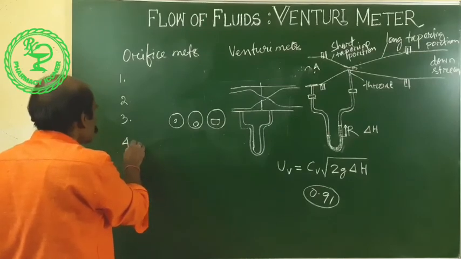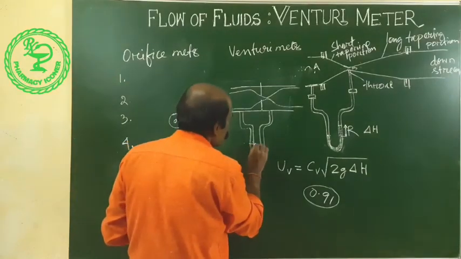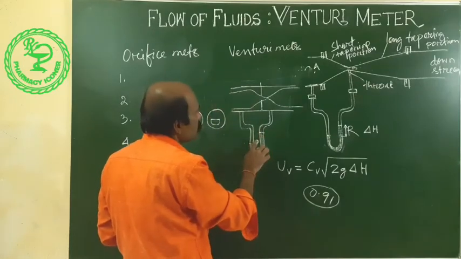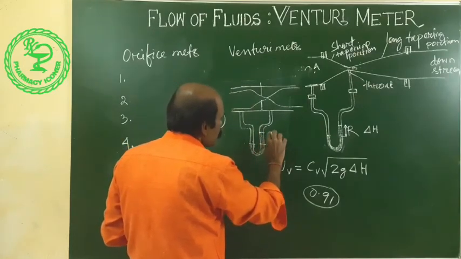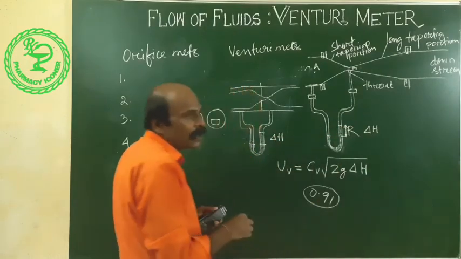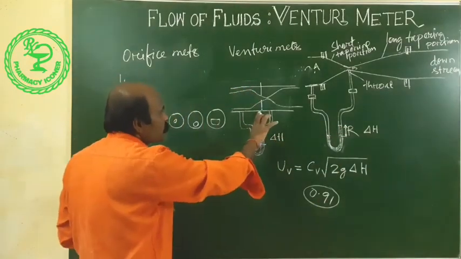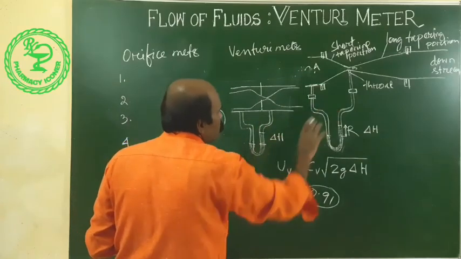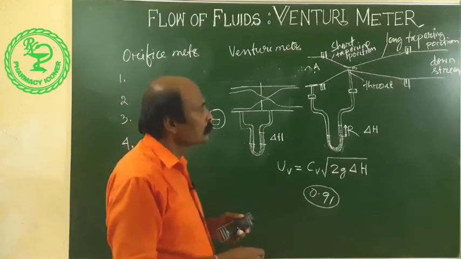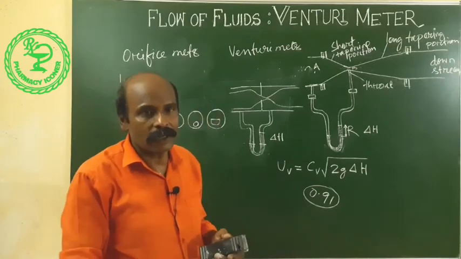Next, in the manometer reading, in case of the orifice meter, delta h is high, here delta h is low, because there is a high pressure difference in the orifice meter, and here the pressure difference is low. So there are some comparisons of the venturi meter and orifice meter.